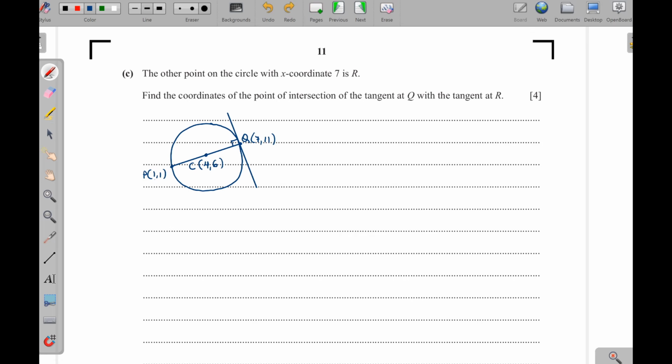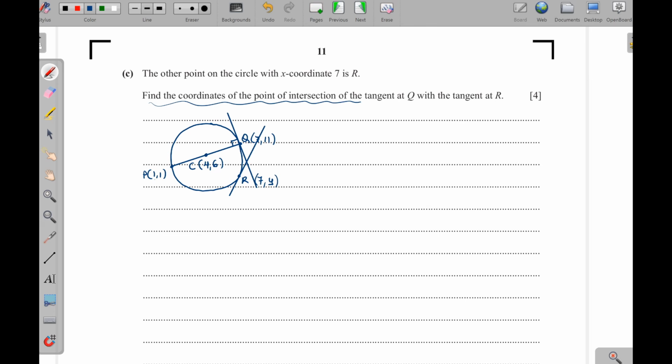So suppose I put this R here, okay? And then the tangent at R will be like that. So I have point R here, which is 7, what? And then the y coordinate, we don't know it, okay?